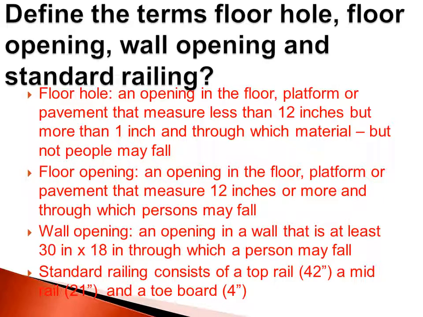Where a floor opening is greater than 12 inches and your entire foot can pass through. A wall opening is 30 inches tall by 18 inches wide in its least dimension, and a person may fall through. And a standard railing consists of that top rail, mid rail, and toe board.